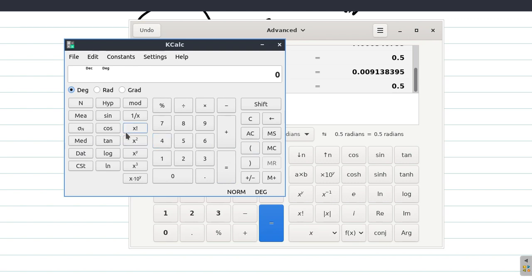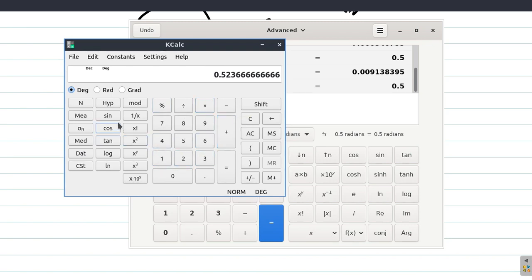So open bracket. Where is pi? I'm not seeing a pi here. So I say 3.142 divided by 6, close bracket. 3.142 over 6 equal, right, that's pi over 6.